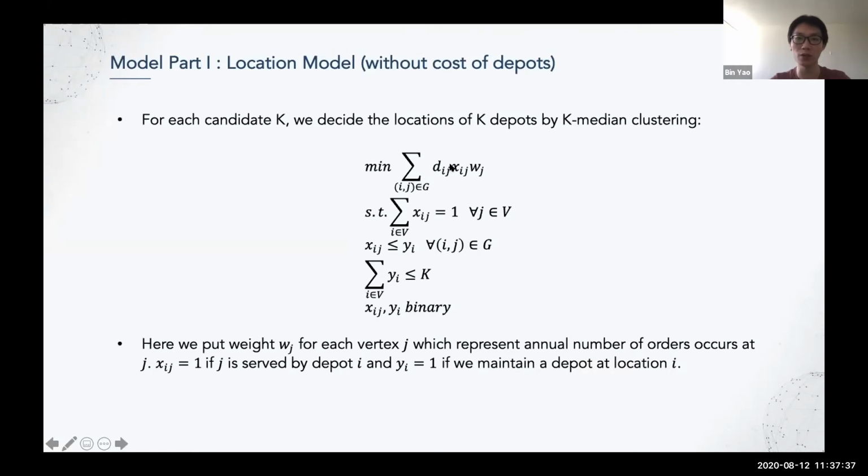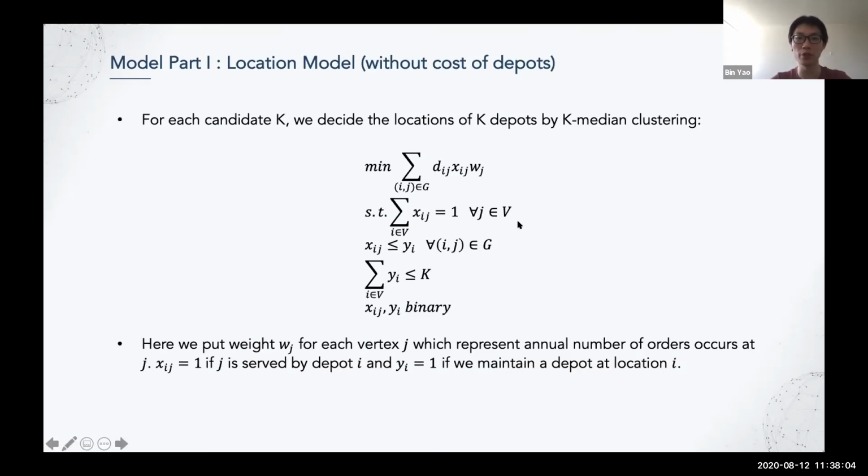And we also set up two variables, x_ij and y_i. x_ij equals 1 if customer j is served by the depot i, and y_i equals 1 if we maintain a depot at location i. Basically, the objective function enforces the depots to locate near the high demand area to reduce the total cost.